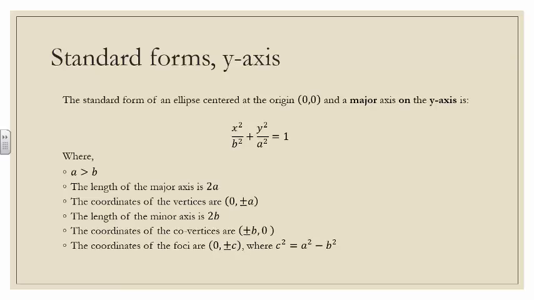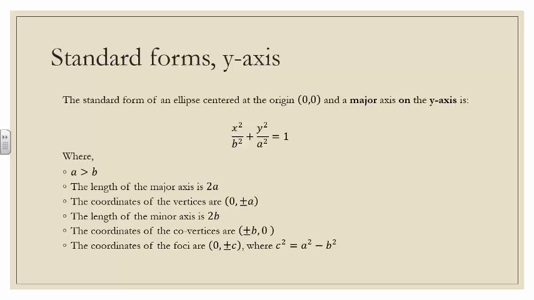Take a look at the standard form of an ellipse centered at the origin, the point (0, 0), with a major axis on the y-axis. x squared over b squared plus y squared over a squared equals 1. When we have an ellipse centered at the origin and the major axis is on the y-axis, the b comes before the a.